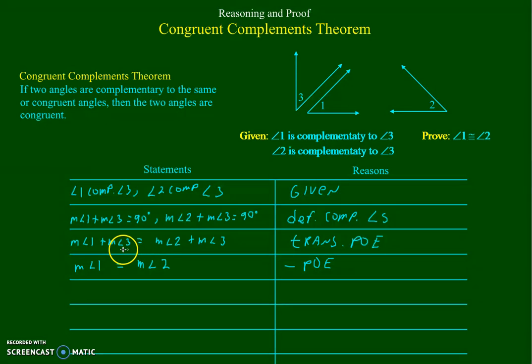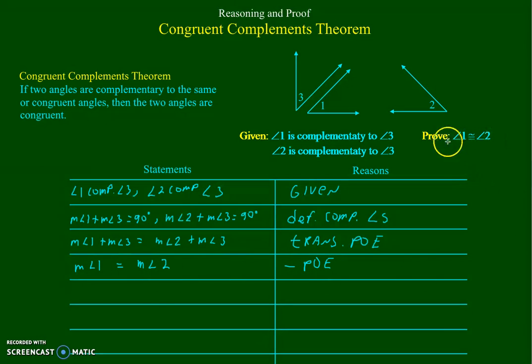At this level, you shouldn't need those little crutch statements. And the more you practice this basic algebra, the easier that's going to get. But avoid using those crutch statements, because if you do, you're going to have a problem getting your proofs correct. So we subtracted angle 3 from both sides, and the subtraction property of equality gave us this.